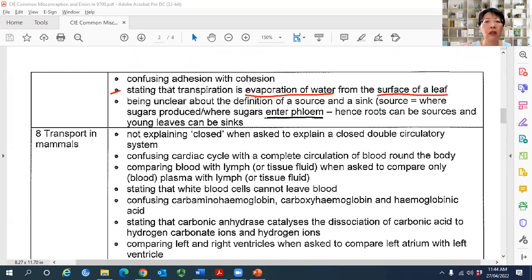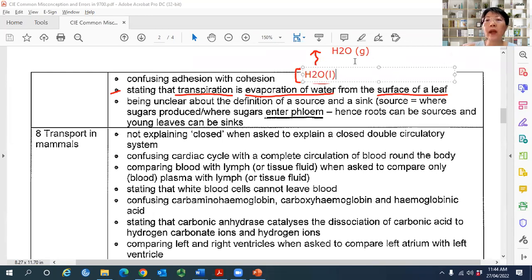Stating that transpiration is evaporation of water from the surface of a leaf. Oh my God, this is very wrong already. You can see it's very wrong. Evaporation is the moment when the water in the form of liquid becomes water in the form of gas, right? So this is where you cannot simply just write as you wish. Water in the cell, let's say this is a cell in the leaf, is in the form of liquid.